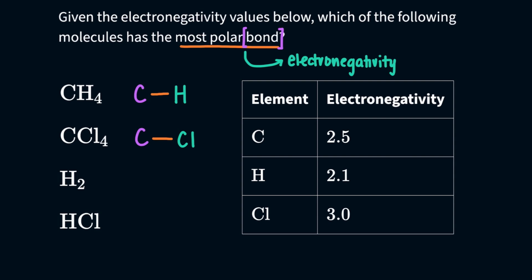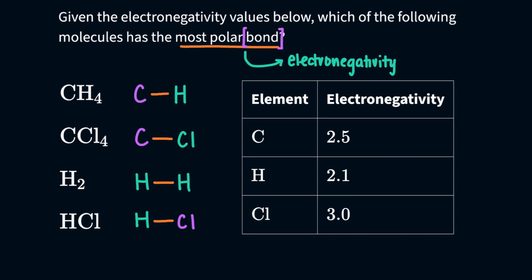We keep going. This is only two hydrogens, so it's just one hydrogen bound to one hydrogen. That's the bond there. And for this one, it's H and Cl. Once again, I do not have to put in any lone electrons. Nobody cares for this type of question. We're just getting the bonds.